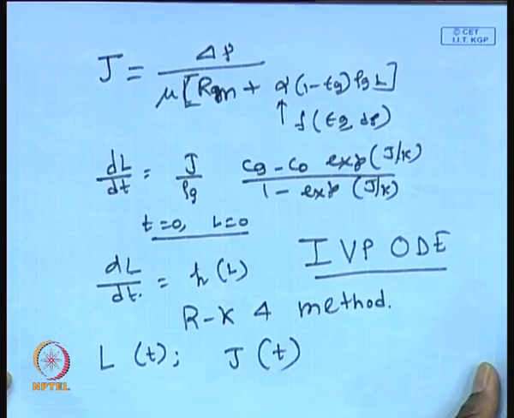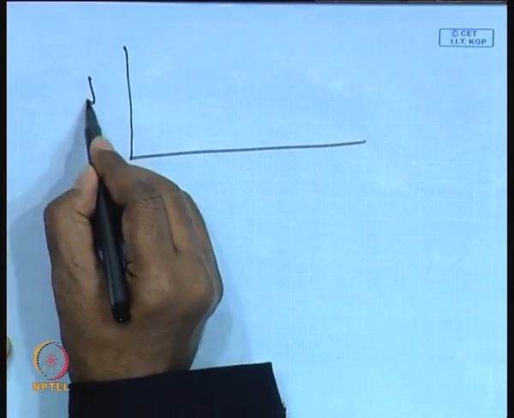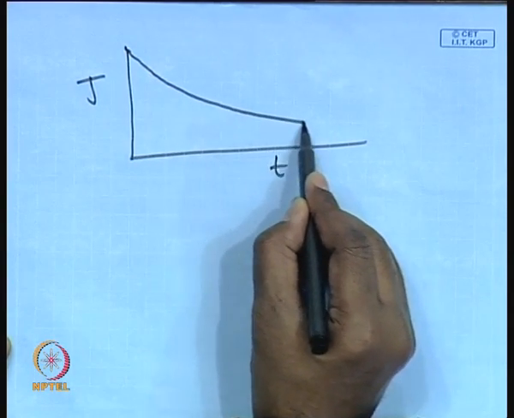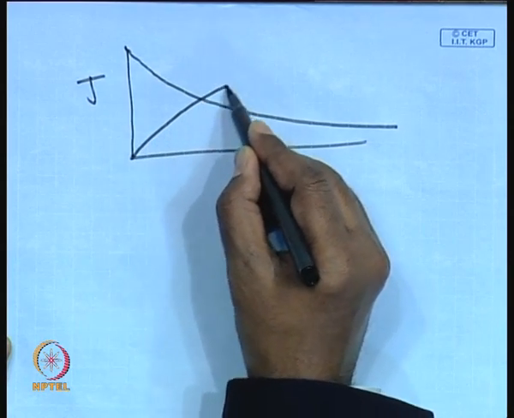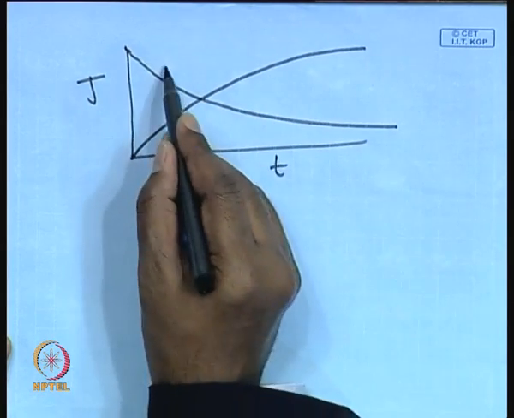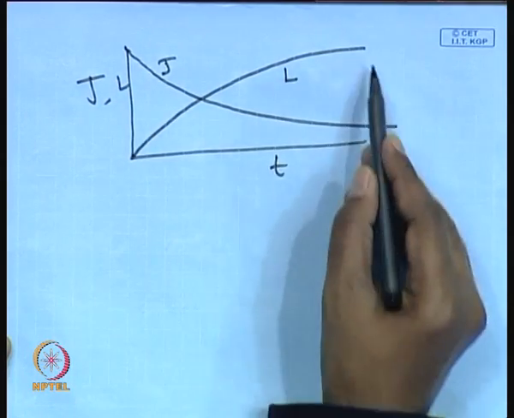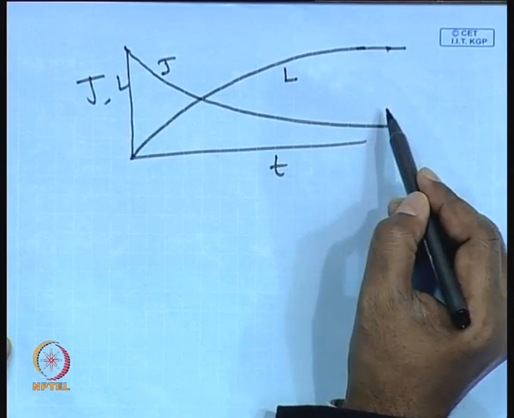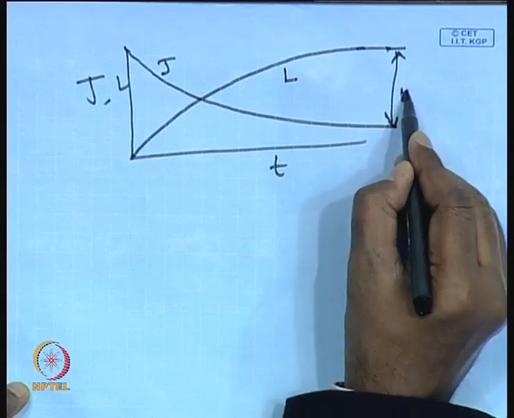Typically, if you plot, the two plots are just opposite: J as a function of time will be something like this, and L as a function of time will be something like this. This is J, and this is L, the gel layer thickness, and of course you will reach a steady state. This steady state will depend on mass transfer.